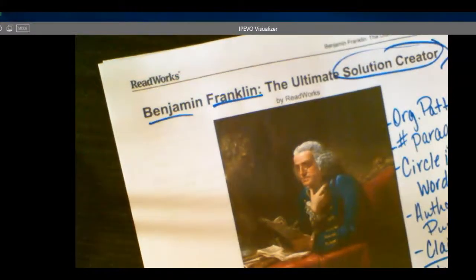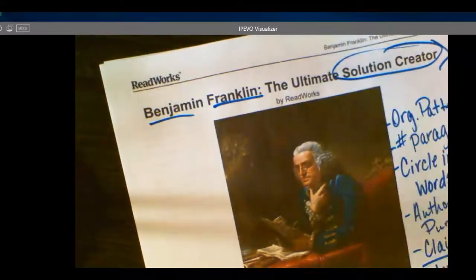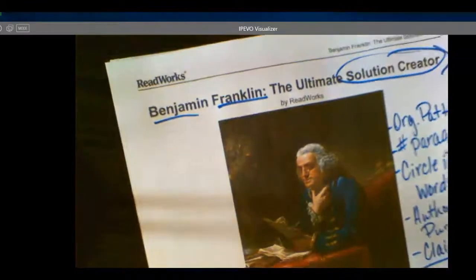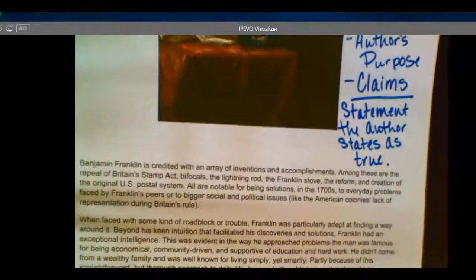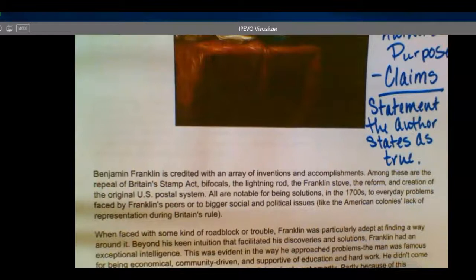We also know that it's a ReadWorks piece, so we can't really tell a lot about the author, except that it's from a website that publishes lots of articles. So it's probably just one of their staff writers.